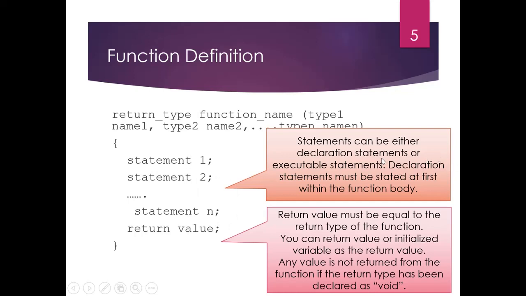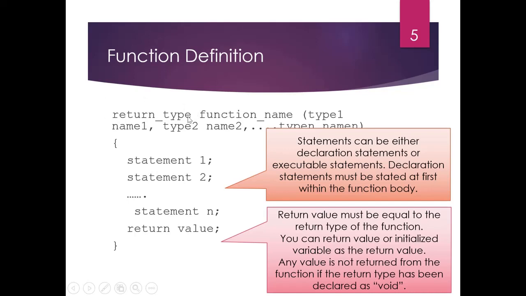Statements can be either declaration statements or executable statements. Declaration statements must be placed first within the function body, and the return value must match the return type of the function.